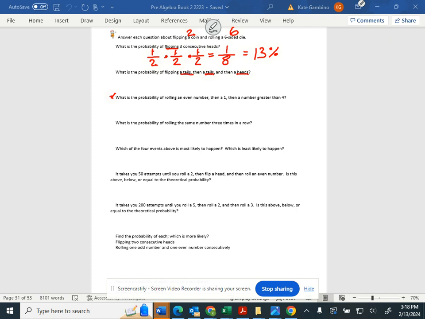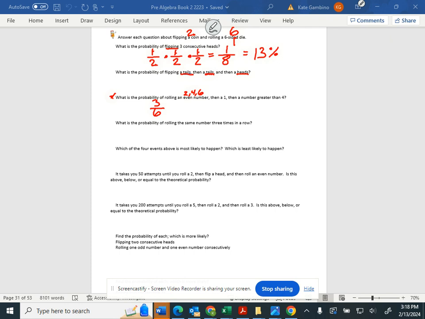Now let's look at our next one. What is the probability of rolling an even number, then a 1, then a number greater than 4? It's still just that 6-sided die with numbers 1 to 6. Rolling an even number could be a 2, a 4, or a 6, so there are 3 successful outcomes out of a total of 6.